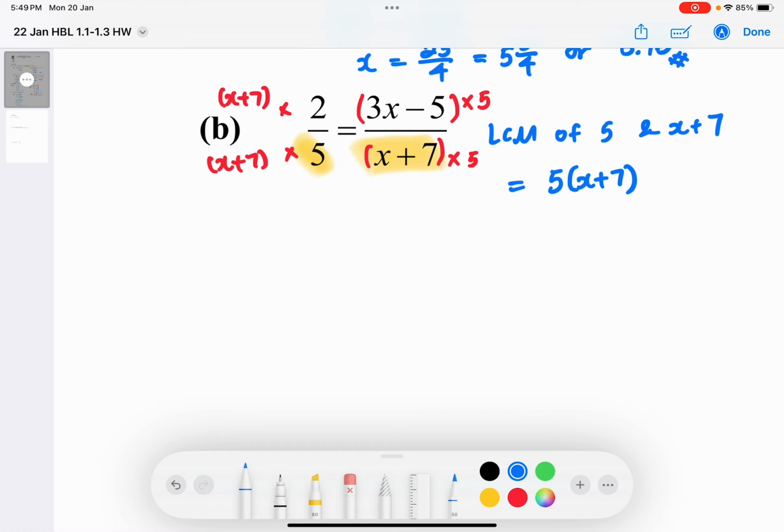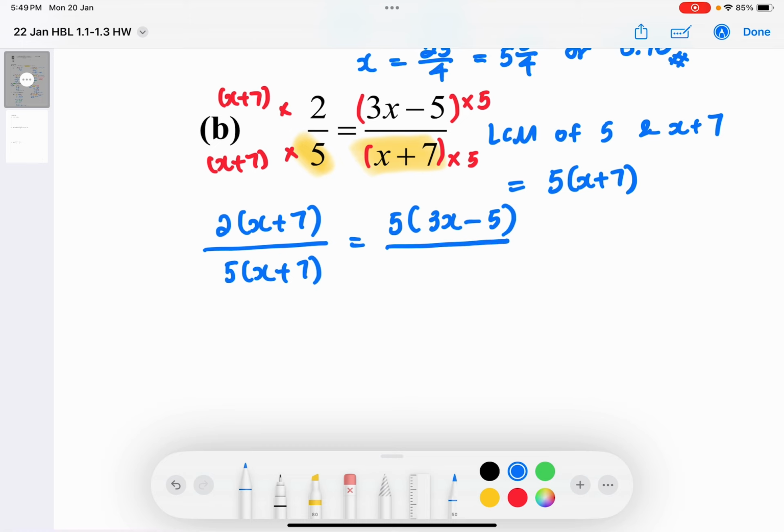Okay, so this will give us 2 bracket x plus 7 over 5 bracket x plus 7, 5 bracket 3x minus 5 over 5 bracket x plus 7. Okay, so while it might look very complicated, all I'm trying to do is to make both the fractions have the same denominator. Once they have the same denominator, I can equate the numerators.